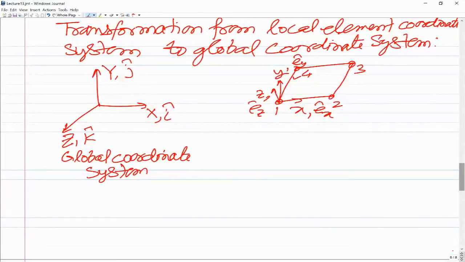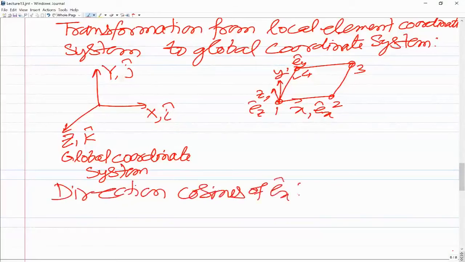Let me first write the direction cosines of ex cap, the unit vector along the local element x axis. Let me denote the direction cosines by l, m and n.